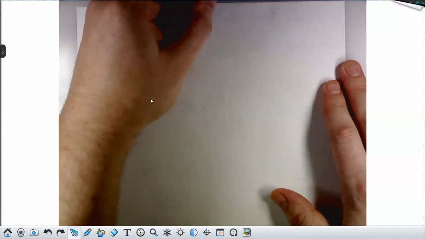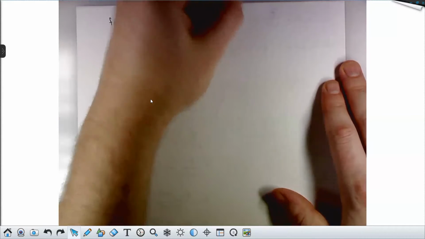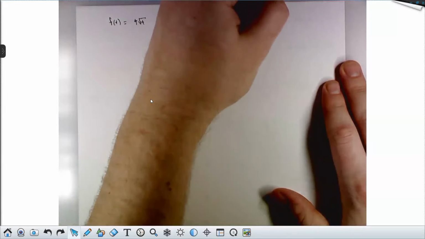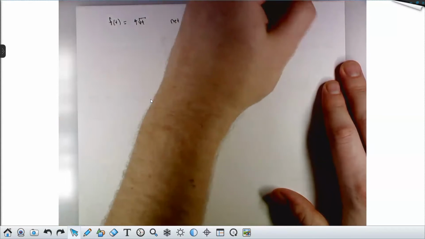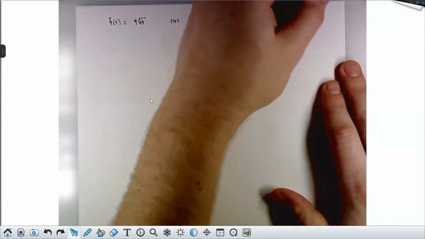So f of t, they call it, is 4 times the square root of t, and we want net change and average change from t equals a to t equals a plus h.